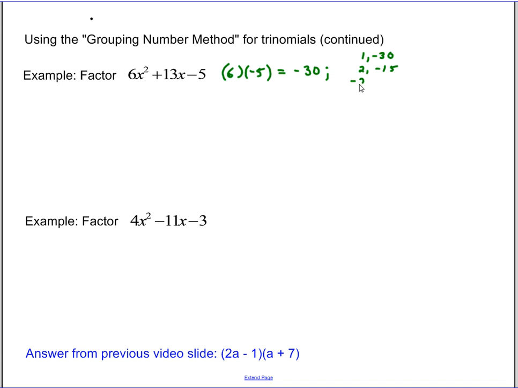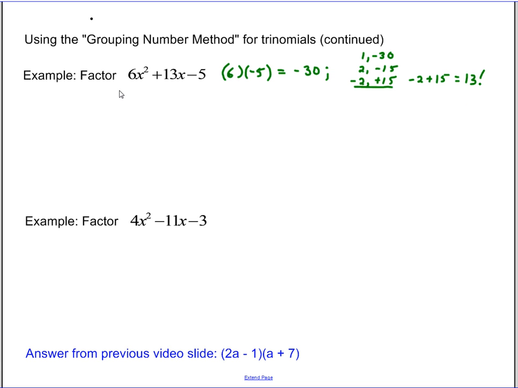So maybe if we had negative 2 and positive 15, does that work? Well, sure. Negative 2 times 15 is equal to negative 30, and negative 2 plus 15 does equal positive 13. So in fact, that's our pair that we're going to use in our second step. All right, so that's the one that we want.